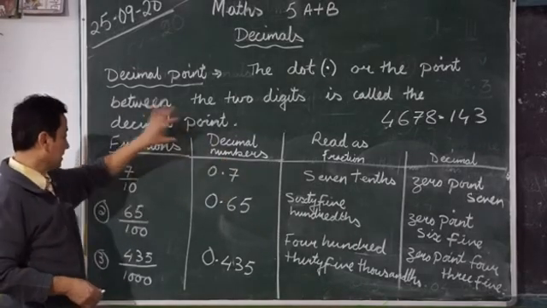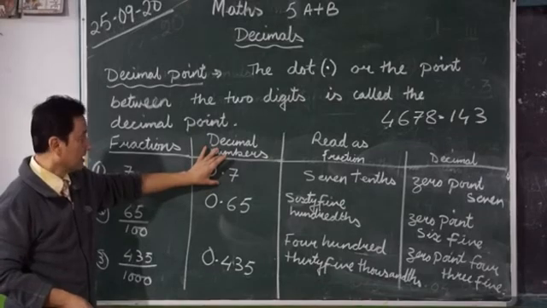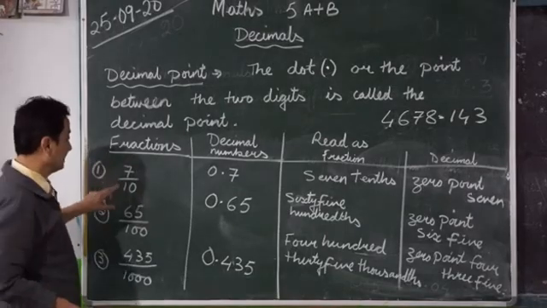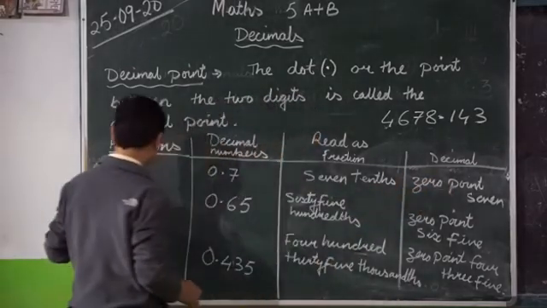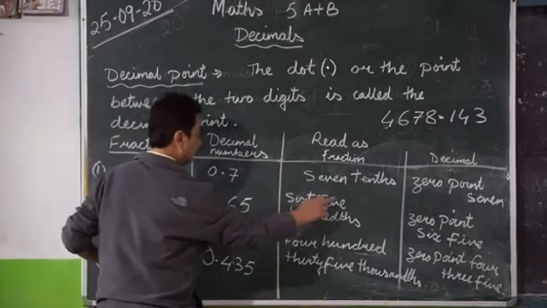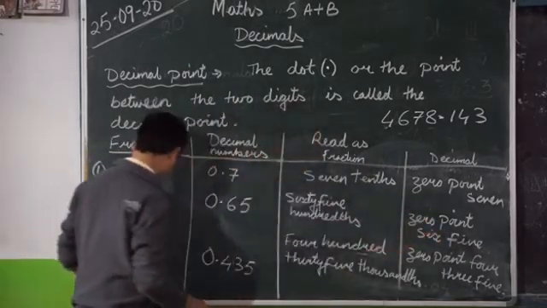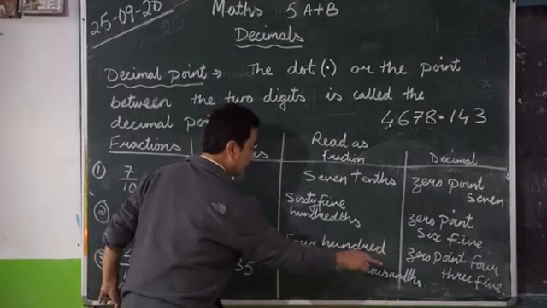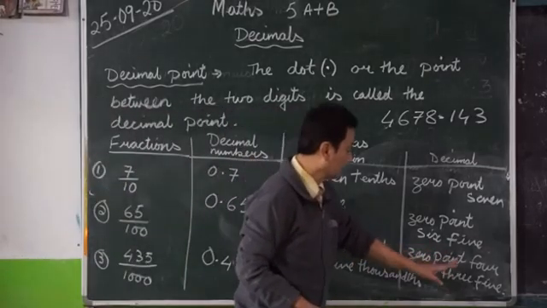Now the same number can be converted. Fractions have been converted into decimals, but we can also convert decimal numbers into fractions. 7 tenths, 0.7. 65 hundredths, 0.65, we write the inverse. 435 thousandths, 0.435.